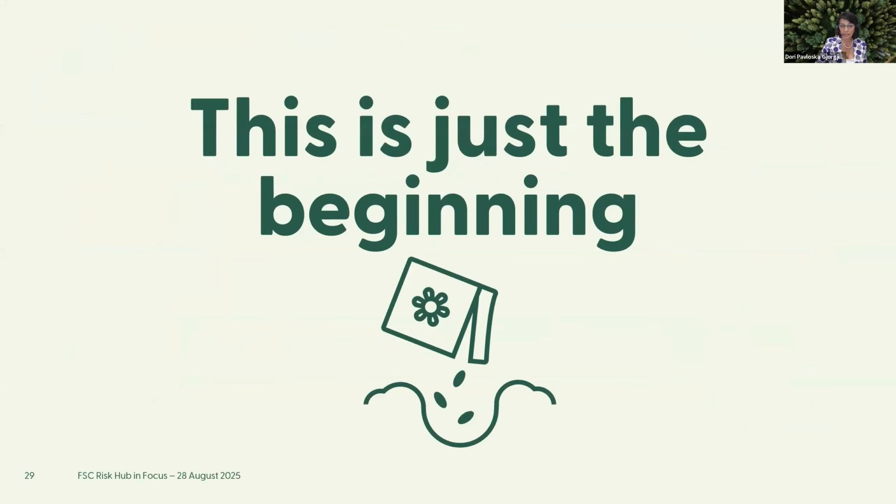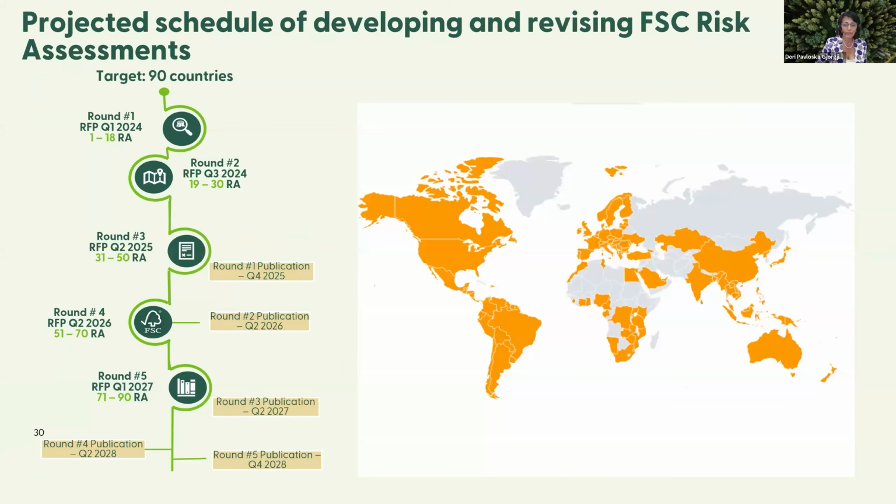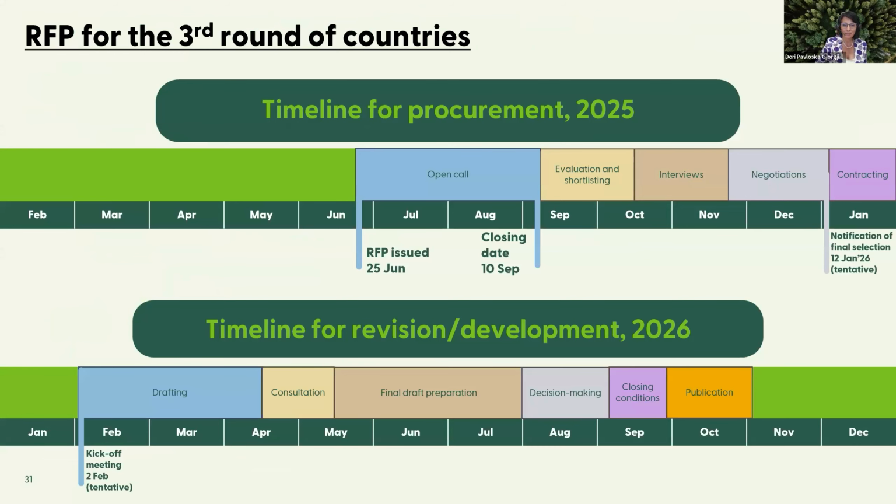Now, this is just the beginning. 30 so far, but we have an ambitious goal of completing risk assessment revisions or developments for a total target of 90 countries. So we need to open up processes for more countries. Currently, we have an open call for consultants to conduct risk assessment revisions or development in some countries.